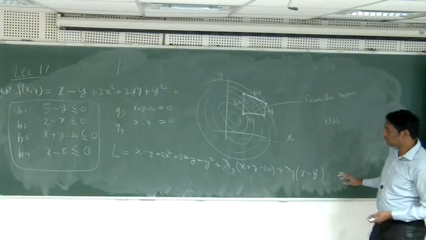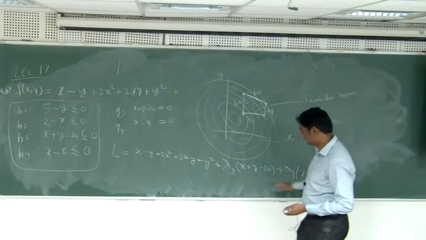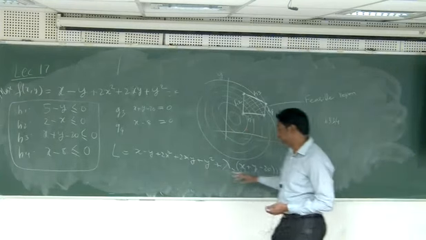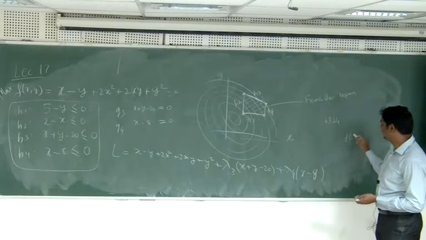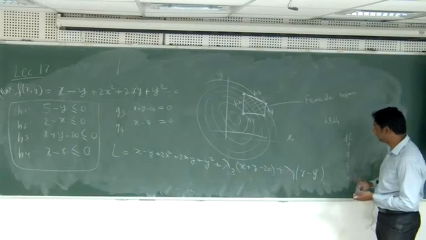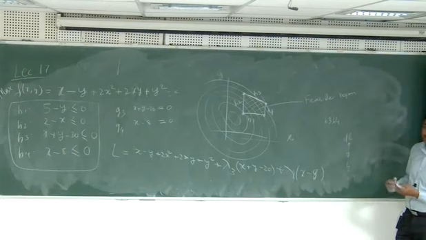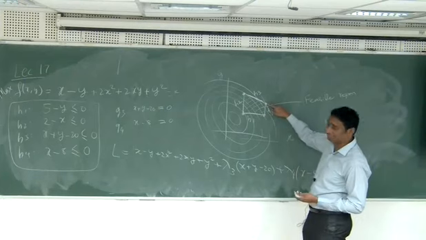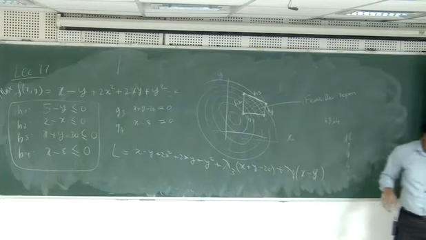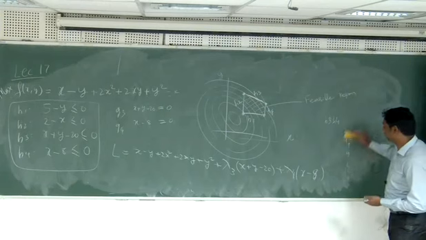Now how many unknowns are there? 4 unknowns: 1, 2, 3, 4. So you will get 4 equations, that is the derivatives of L with respect to x, y, lambda 3 and lambda 4. 4 unknowns, 4 equations. If you solve it, you will be able to find it. All of this is true, assuming that this is the optimal point.